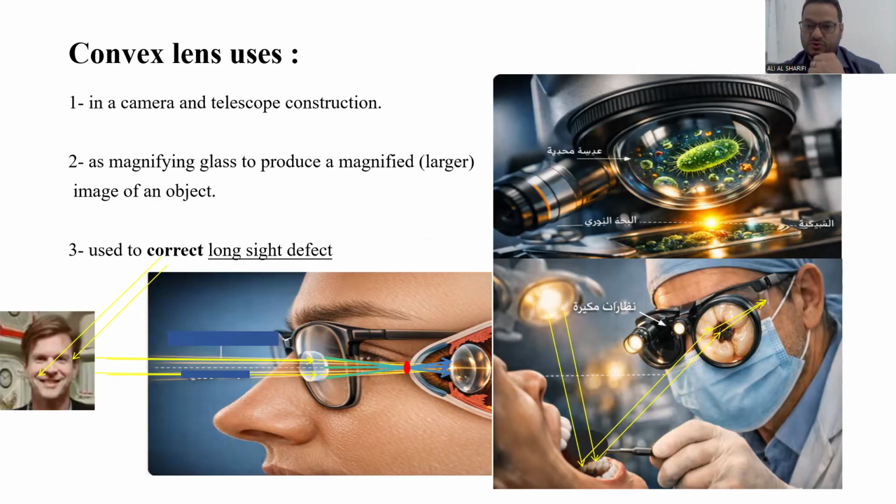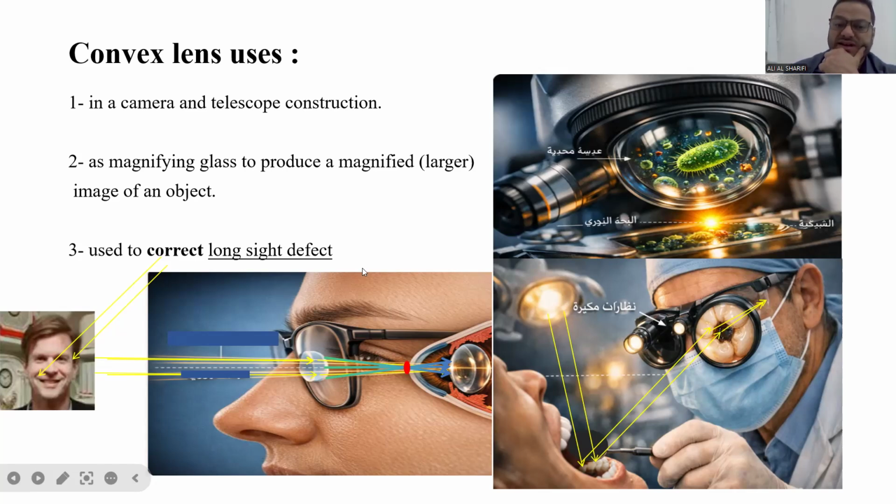Here the convex lens is used in a microscope to magnify bacteria bodies. According to its size, we will select the appropriate lens, and as a magnifying glass to produce a magnified image of an object, like this dentist with his patient.